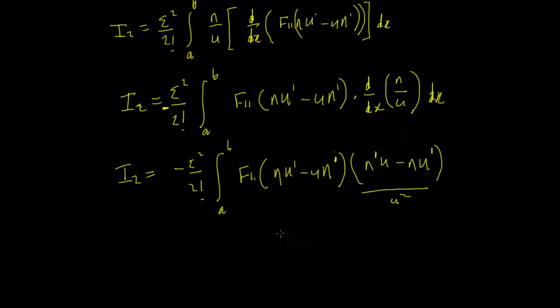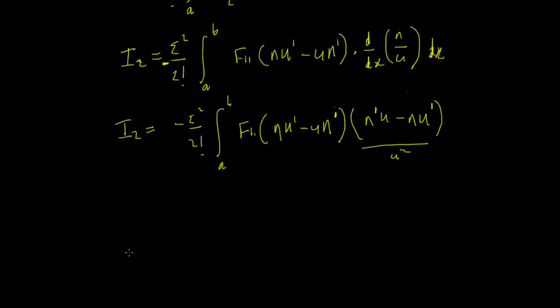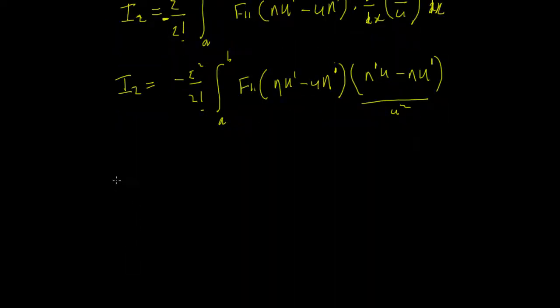Okay, so now if I multiply the whole structure and then gather like terms, we have minus epsilon squared upon 2 factorial integral from a to b, and it's f11. Now bring u squared out here.